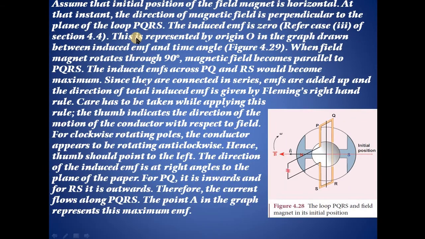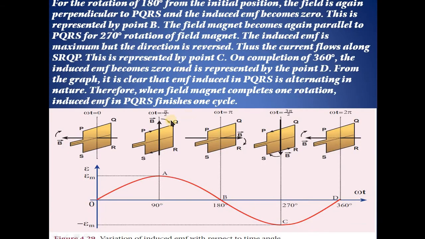Then second step. This is represented by origin O in the graph drawn between induced EMF and time angle. When the field magnet rotates through 90 degree, here the magnetic field rotates towards 90 degree. 90 degree means omega t is equal to pi by 2.